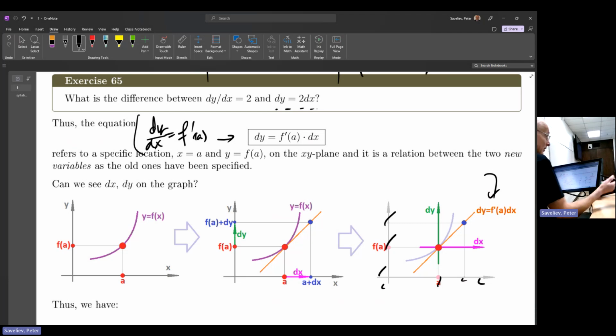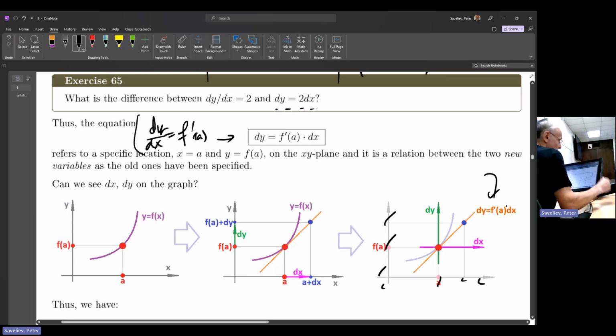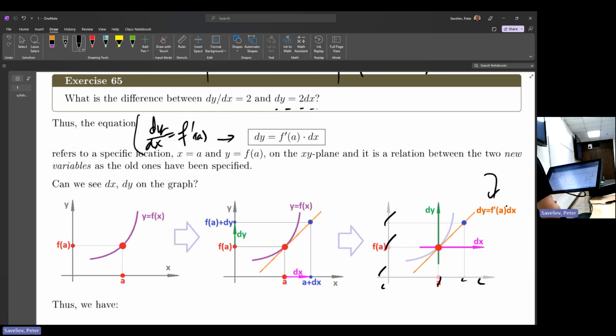The relation between them is linear because this is nothing but multiplication. So it's a linear function. dy depends linearly on dx, and then f prime is simply the slope, one single number, and you can plot it. That's the meaning behind it.